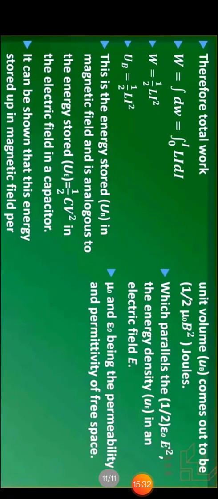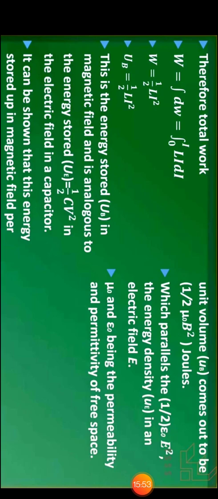Therefore dW is equal to Li di, since dq upon dt is nothing but the current, by the definition of current. Then the total work done is W equal to the integration of dW, that is the integration from 0 to I of Li di. Therefore work W is equal to 1/2 Li square.